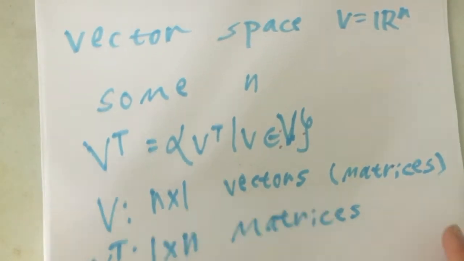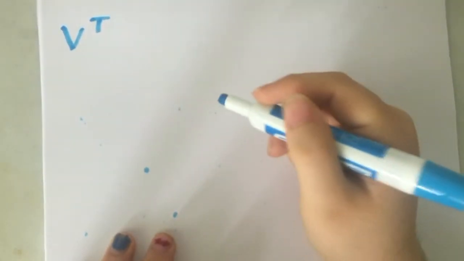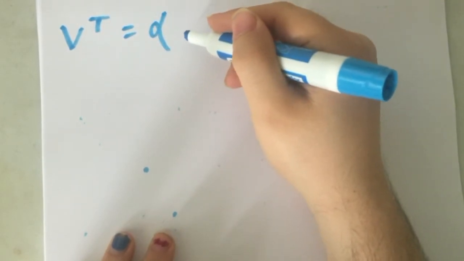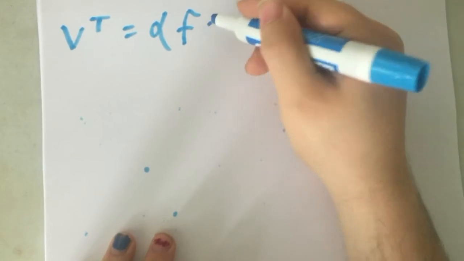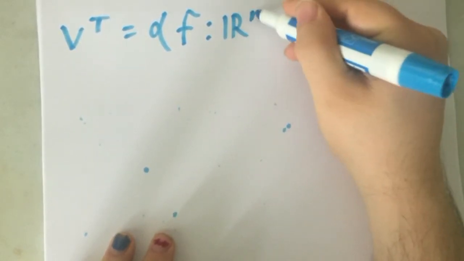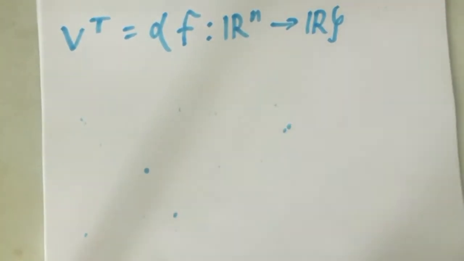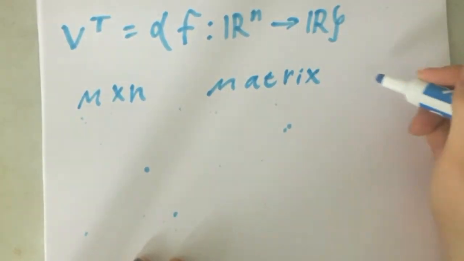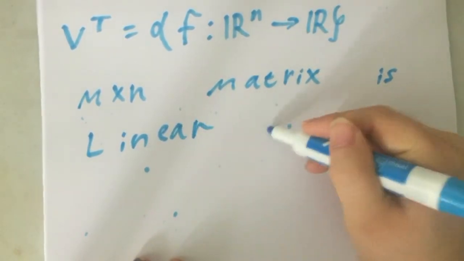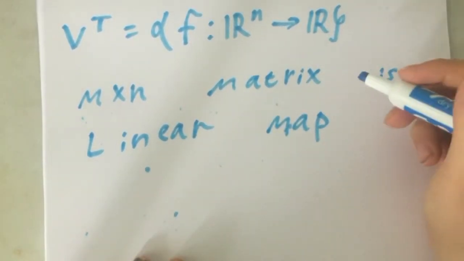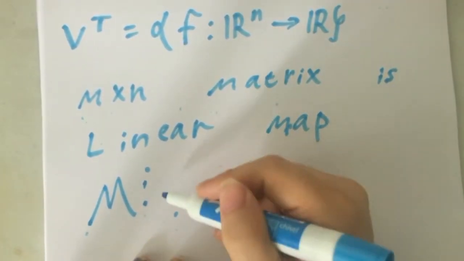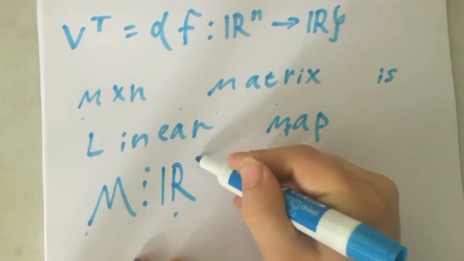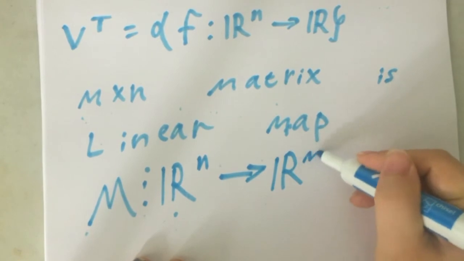Okay, so here's another way we could view V transpose of the vector space: it is the set of linear functions from Rn to R. So recall that an m by n matrix is a linear map, we'll call it M for matrix, which takes you from Rn to Rm.